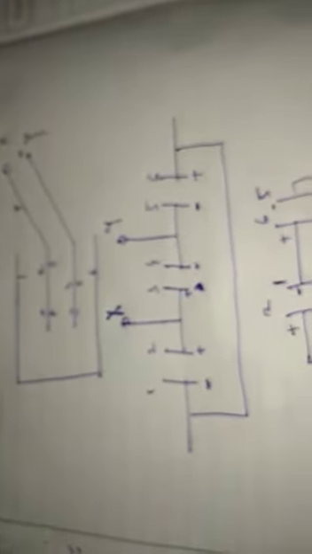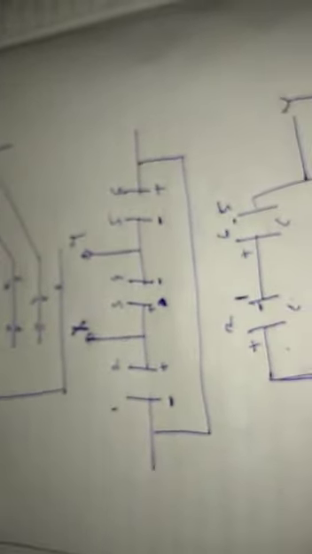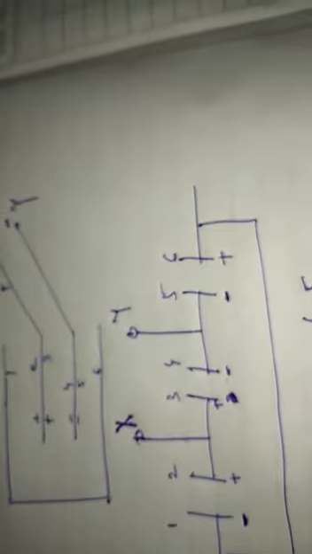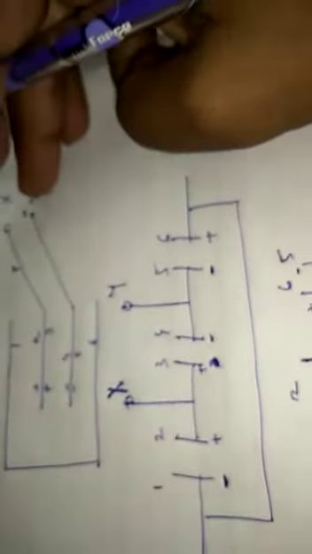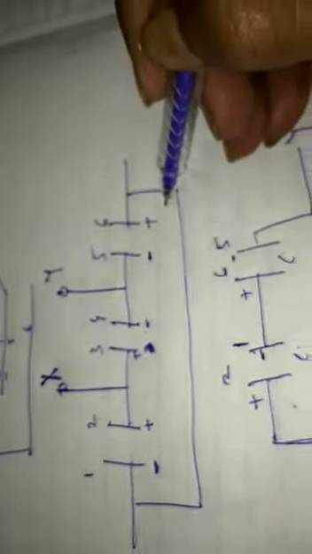For this configuration, your answer is 3C by 2, and how we reached it, you can rewind and observe: how the plates are arranged, how the points X and Y are noted, and how X and Y are placed in the second figure, so that we can find the equivalent capacitance between these two terminals using our concept.